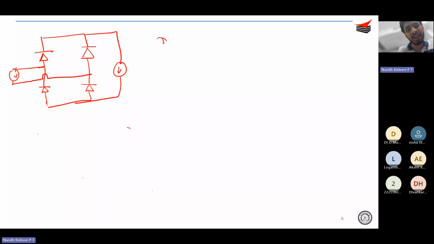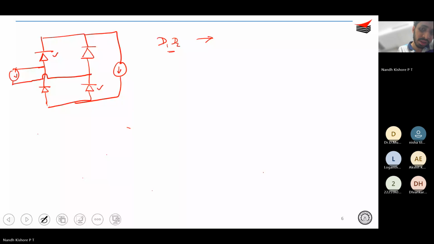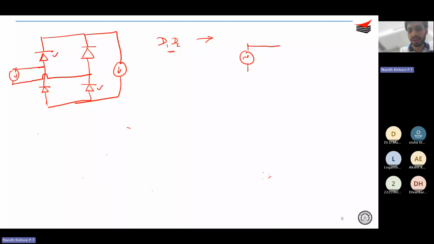So when D1 and D2 are on, how will the circuit look like? It goes over here and then this is on, so I am bypassing it something like this.